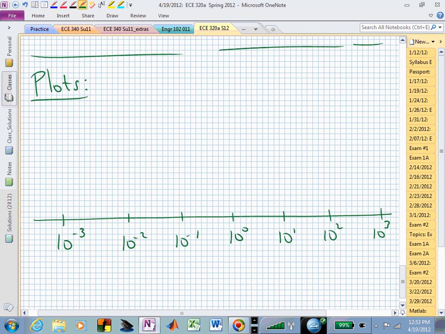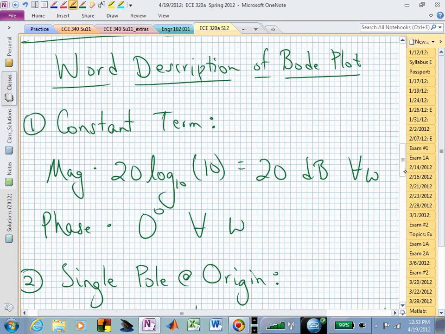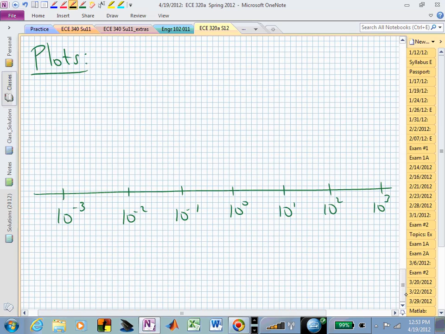And ideally, you could have semi-log paper to make these sketches with. If we remember what we were working with before, we now go back and put each of these individual pieces on there. The first piece is the constant term, and I need to sketch that at 20 dB for all frequencies.